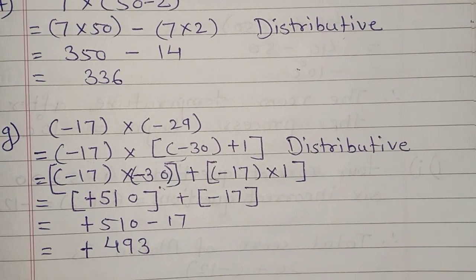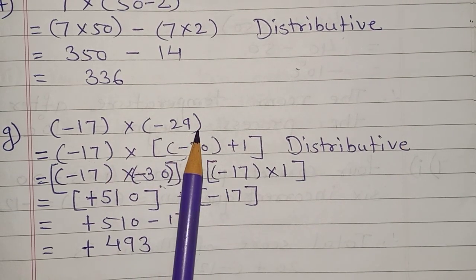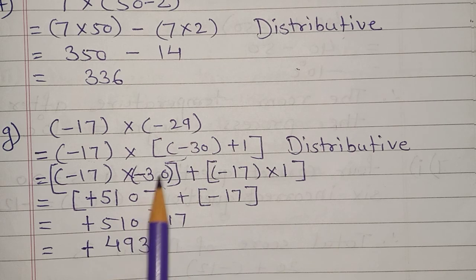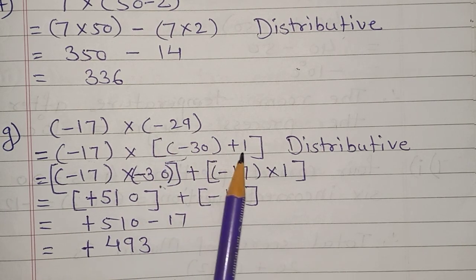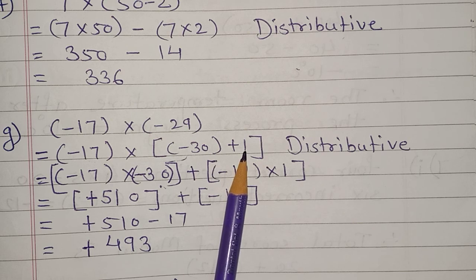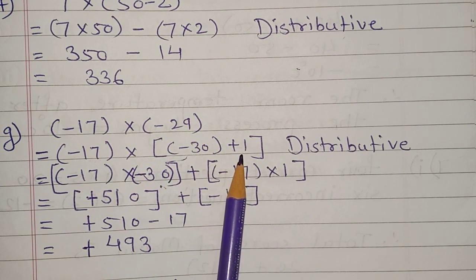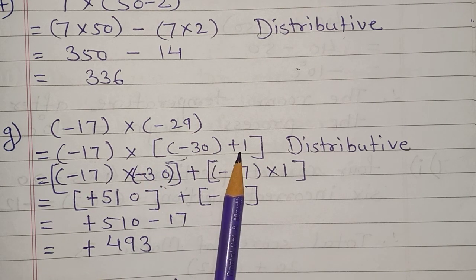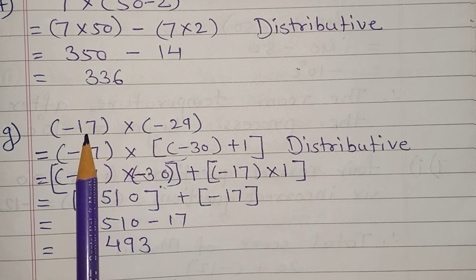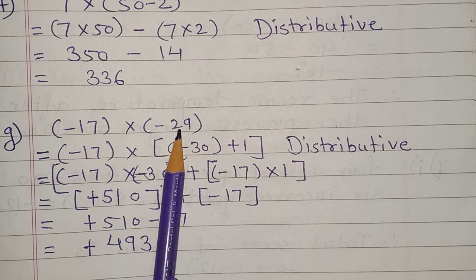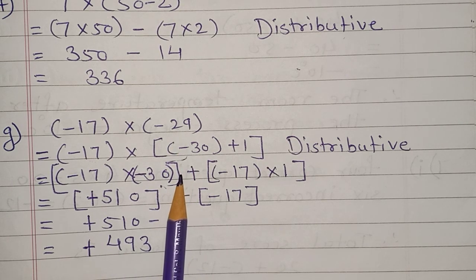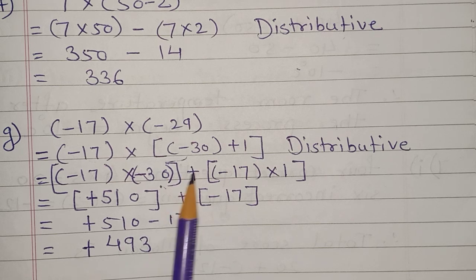Now here minus 17 into minus 29 is given. Minus 29, I can easily write as minus 30 plus 1. Why are we doing this? To make the multiplication easier. Otherwise you can easily multiply 17 into 29, but we are using the properties to make the multiplication process very easy.